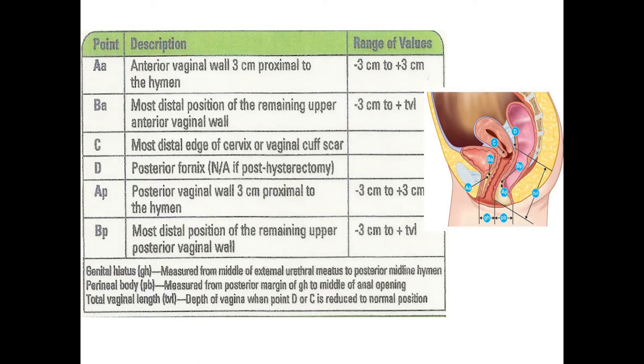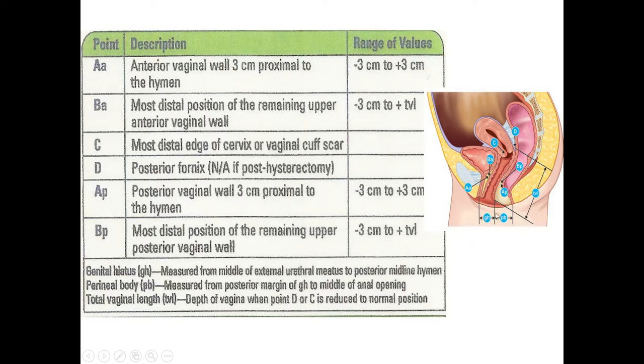So again this is another fixed point which ranges from minus 3 to plus 3. And then Bp is the most distal position of the remaining upper posterior vaginal wall. Same way, in the absence of prolapse it is the same as Ap, minus 3, but in the presence of prolapse maximum it could be total vaginal length outside.